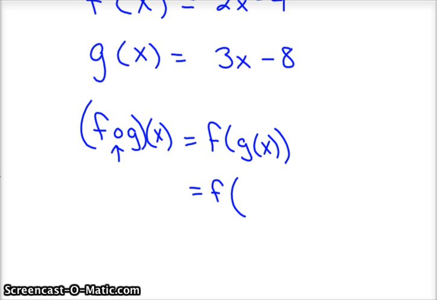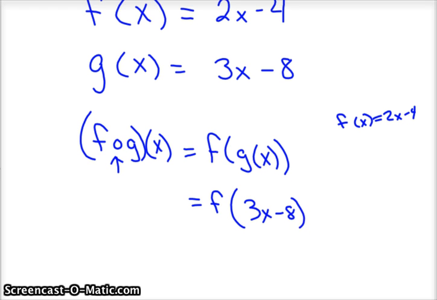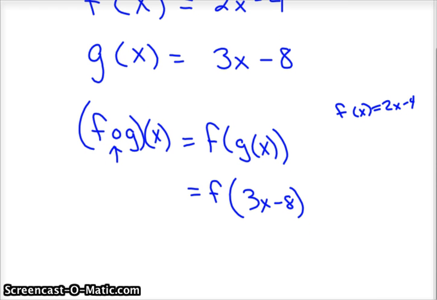So it would look something like this. You start on the inside, and we know g at x is 3x minus 8. Then we plug that into f, which we know is 2x minus 4. We take that 3x minus 8 and plug it in for x in the f function.